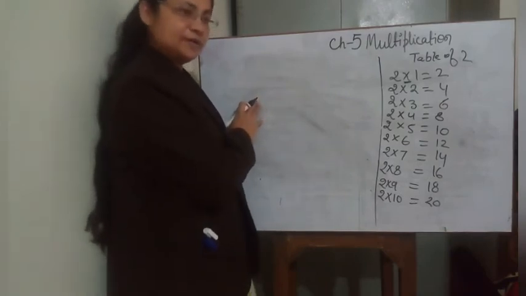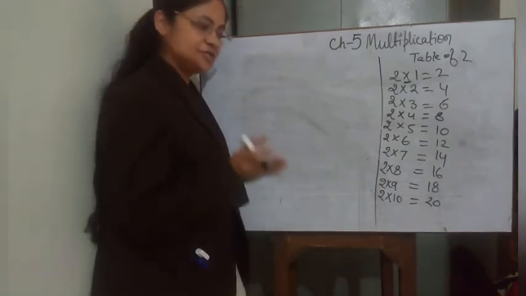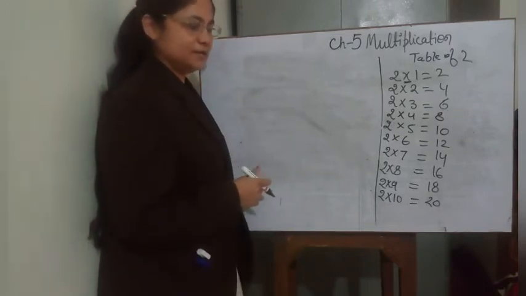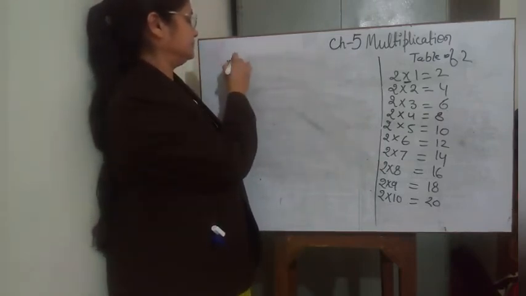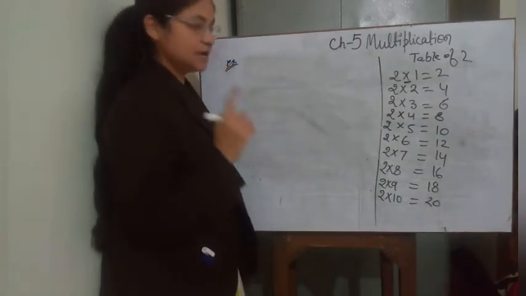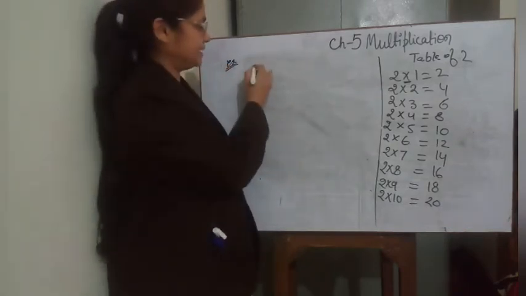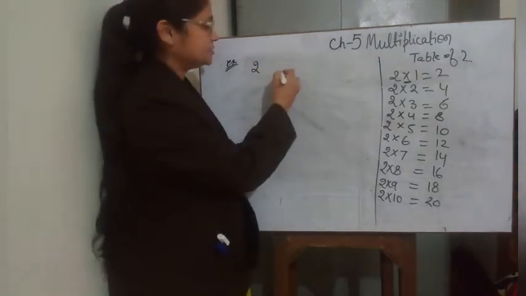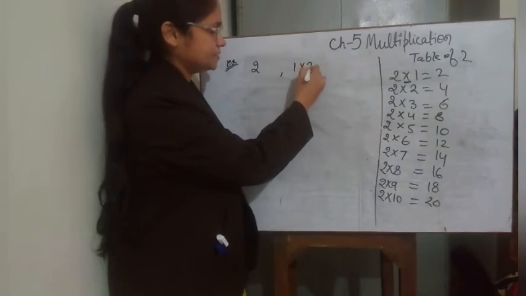Now I will explain repeated addition by taking one more example. Okay, for example, if I am adding 2 one time, 2 one time only. Okay, so I can write it that way.